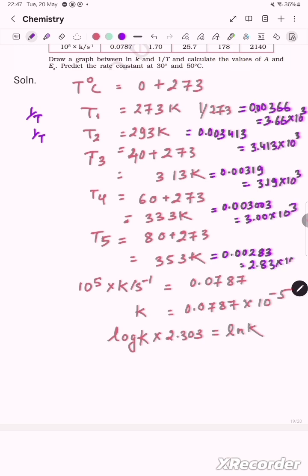Now you can locate all these values on the graph.